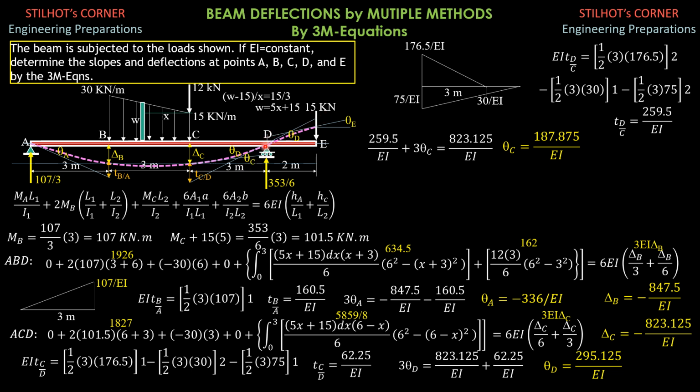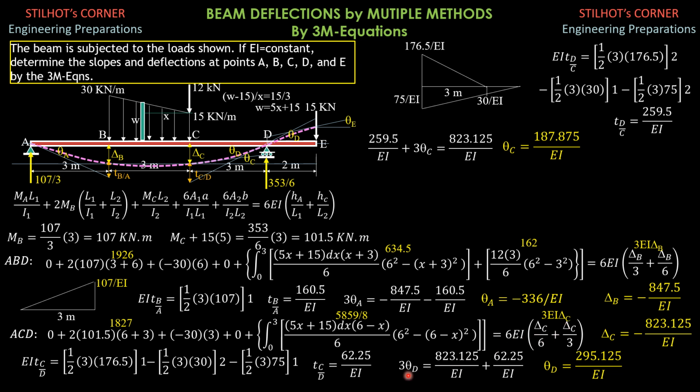Then, therefore, theta D, the whole of this value is 3 meters, so 3 times theta D. So we equate 3 theta D to delta C and deviation of C relative to D, treating this as positive because the slope at D is positive. You look at the tangent.